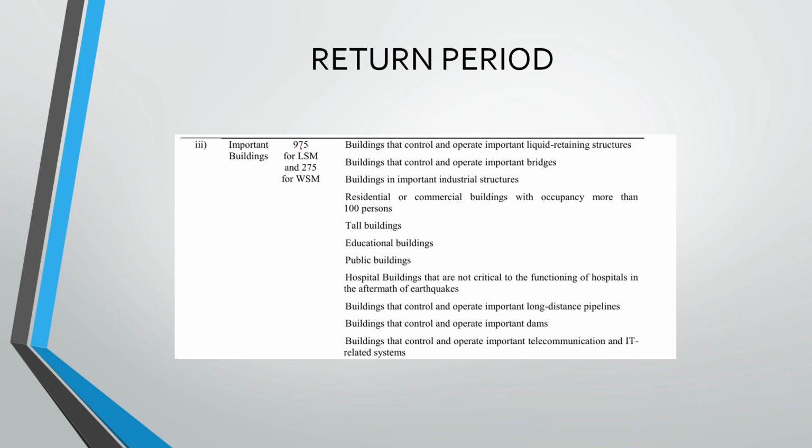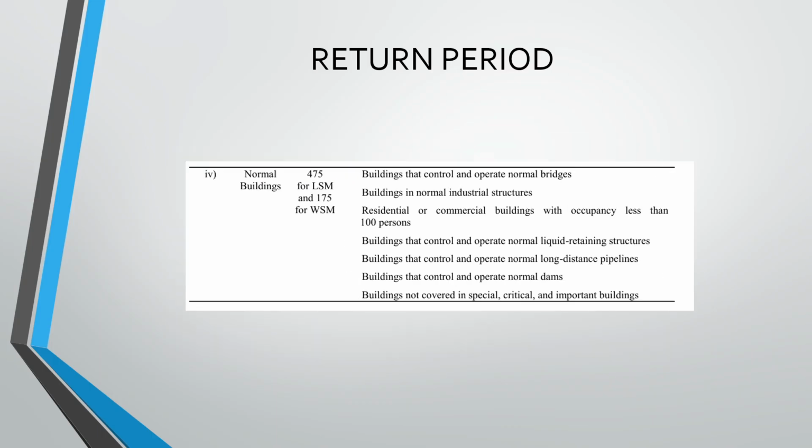For important buildings, they have suggested a 975 return period. These are the different buildings coming under important buildings, and then normal buildings with a 475 year return period. These are the descriptions of the buildings coming under normal buildings, and those are linked with the zone factor.